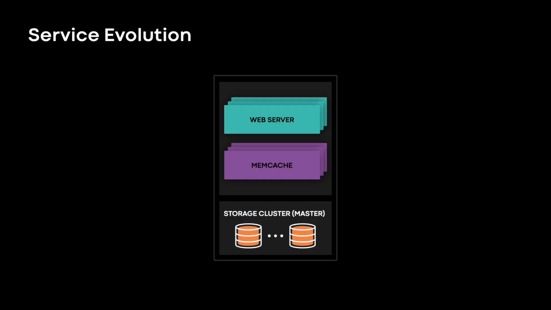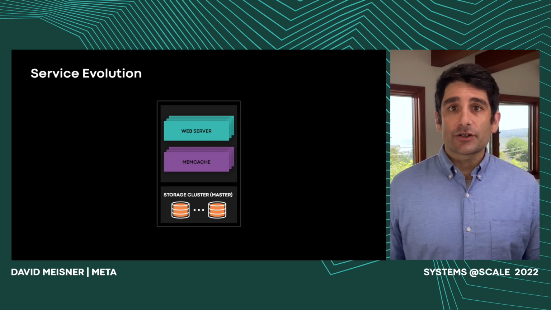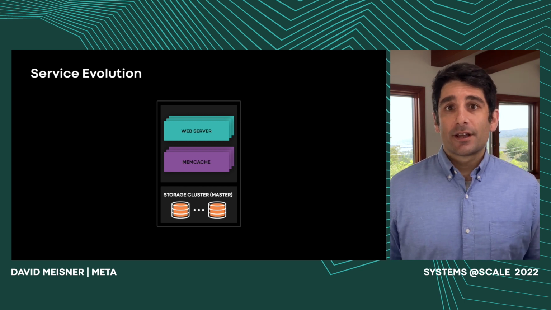To give a little bit of historical context about services at Meta, we have to rewind the clock quite a bit and think about when Meta was primarily running the Facebook site. At that time, we had a very high-scale, high-reliability system, but our architecture was relatively streamlined in terms of services. We had things like web servers, caching layers, and databases.